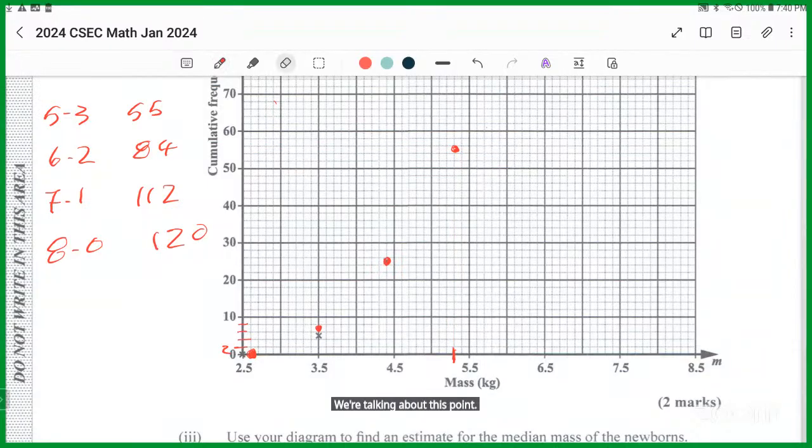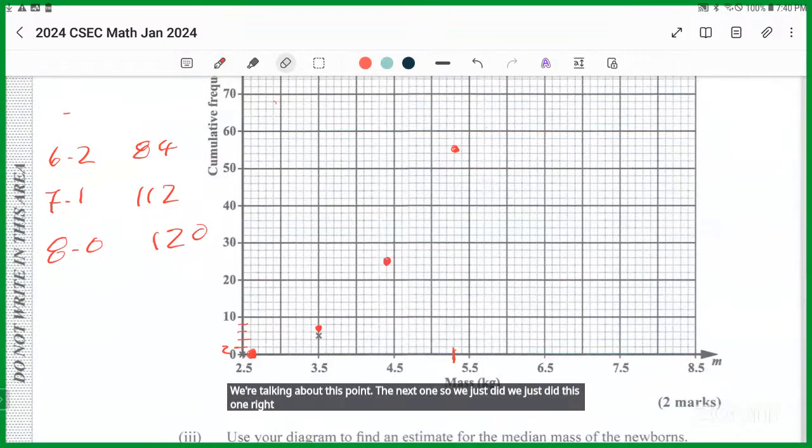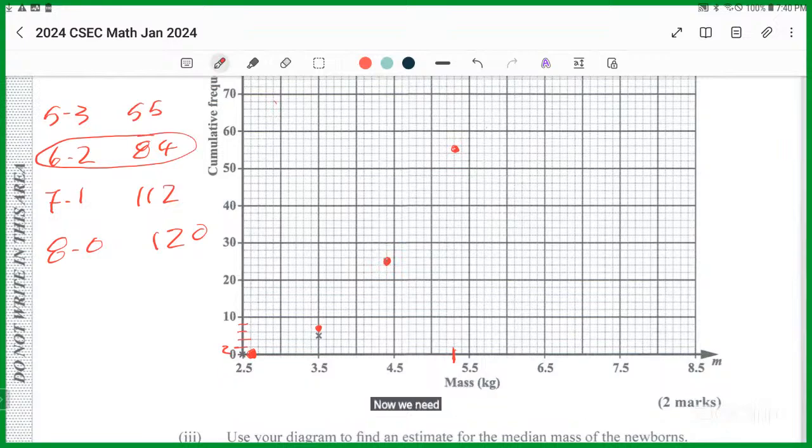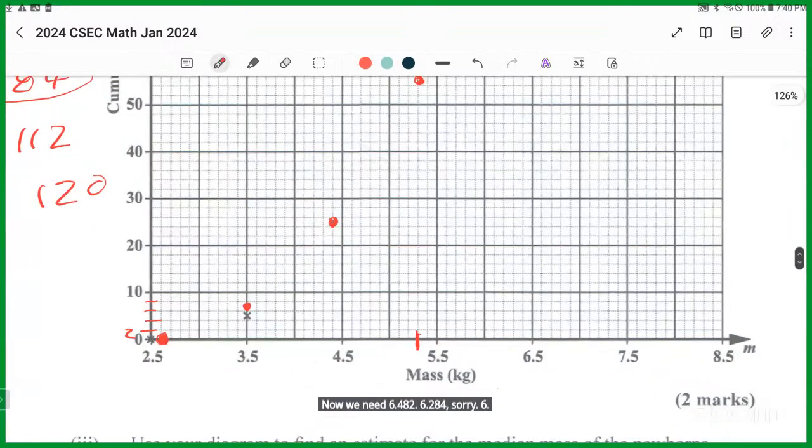The next one. So we just did this one, right? Now we need 6.2. So this is 5.5, 5.6, 5.7, 5.8, 5.9. This is 6. What I'm looking for again is 6.2.